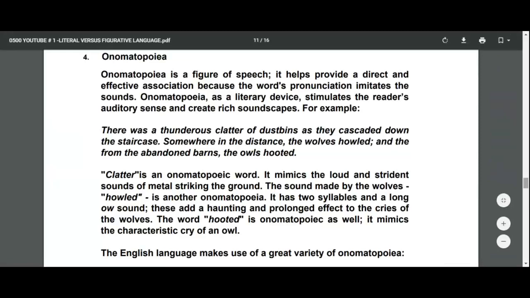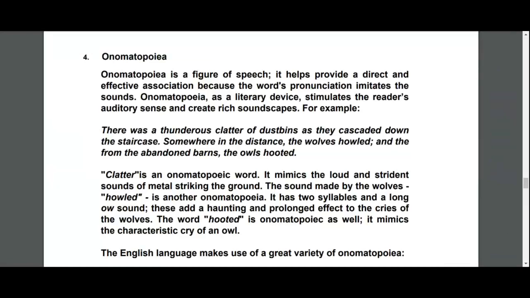Alright? So it mimics the loud and strident sounds of metal striking the ground. Then the second onomatopoeic word is howled, the sound made by the wolves. It has two syllables and a long ow sound, adding a haunting and prolonged effect to the cries of the wolves.